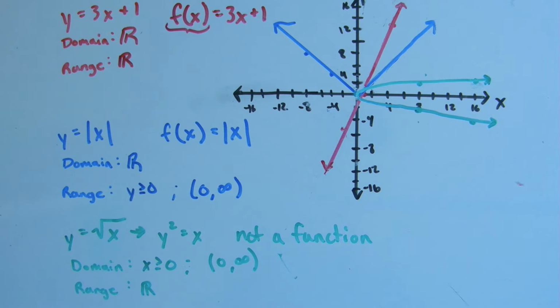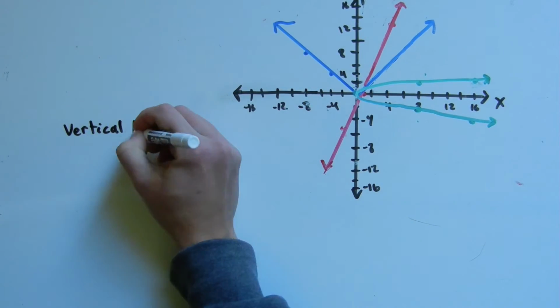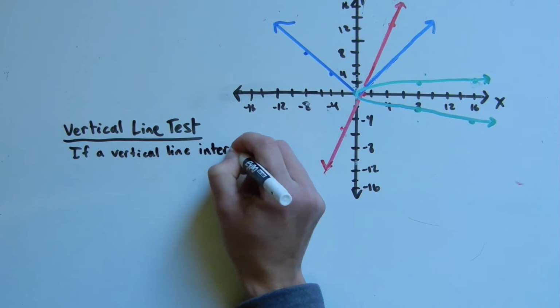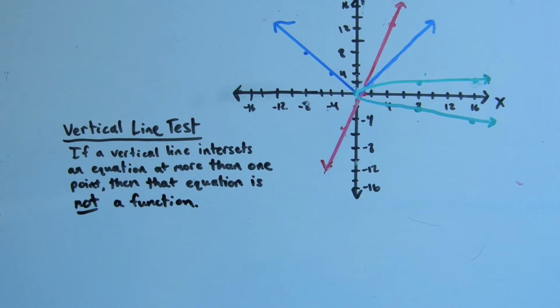But when we graph it out, there's an easier way to see whether an equation is a function or not that doesn't involve looking at each individual point. And that's with the vertical line test.